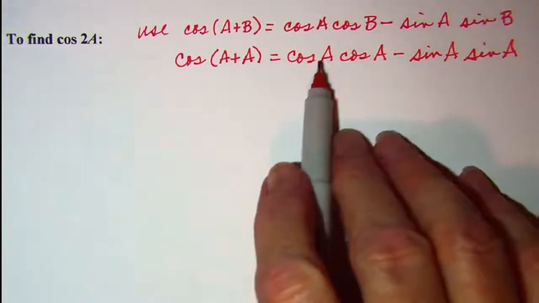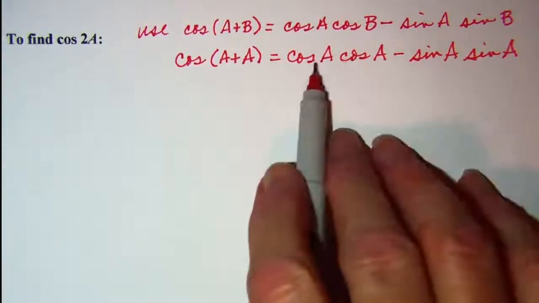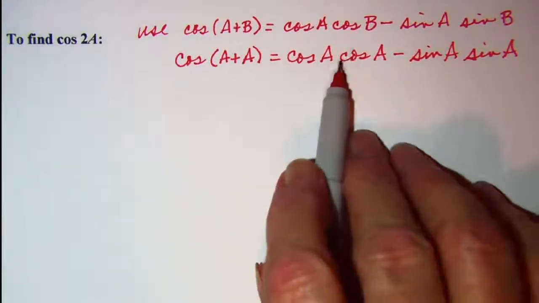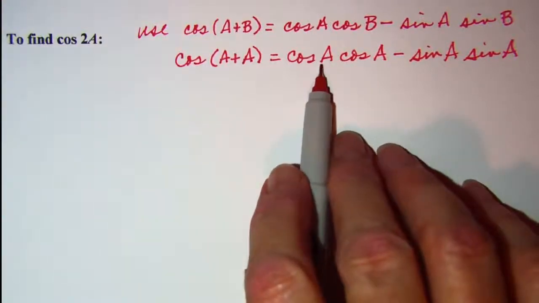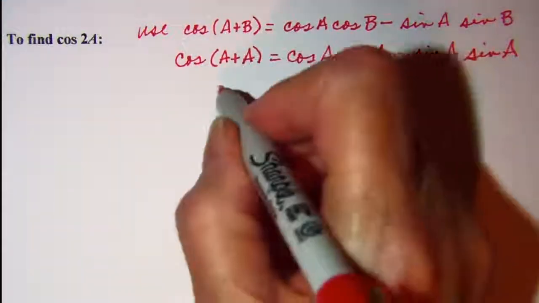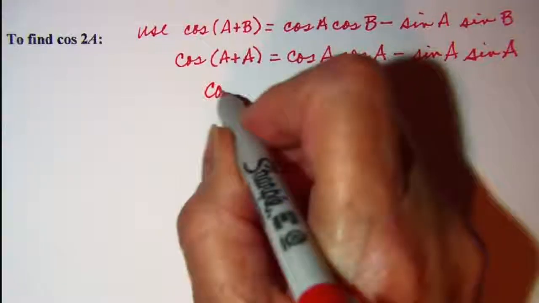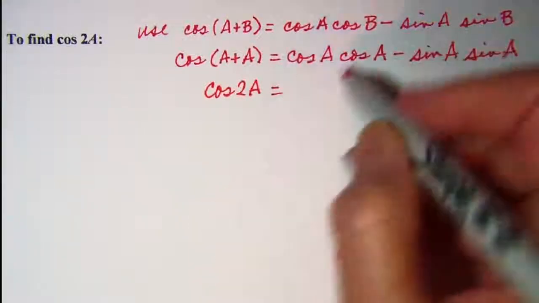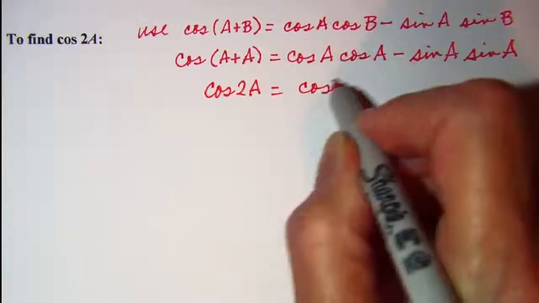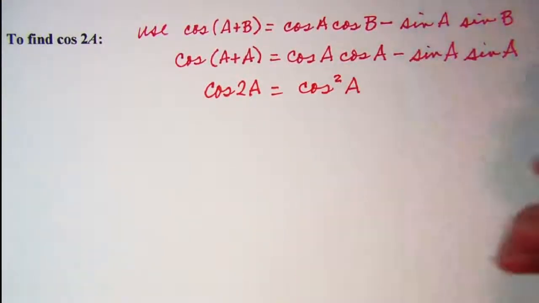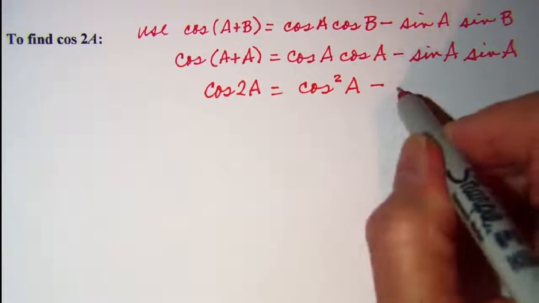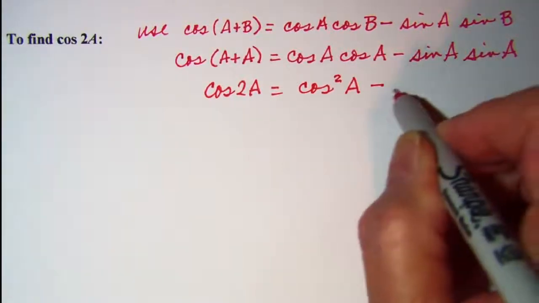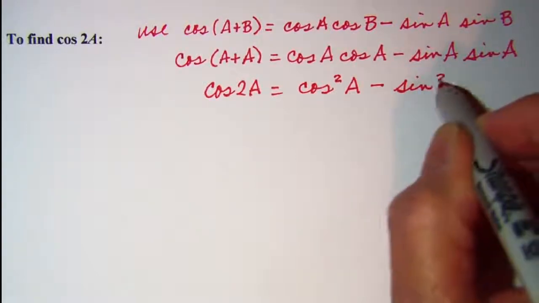Now whenever we have two factors multiplied together and those factors are identical, we can write that as the factor squared. So I can write this then as the cosine of 2a is equal to the cosine squared of a, subtract, and then here again I have sine a sine a, so that can be written as sine squared a.